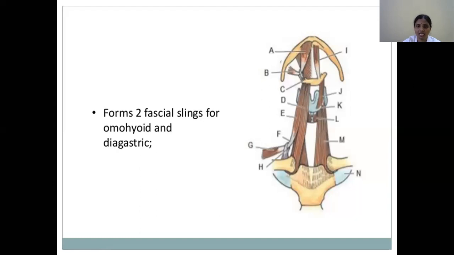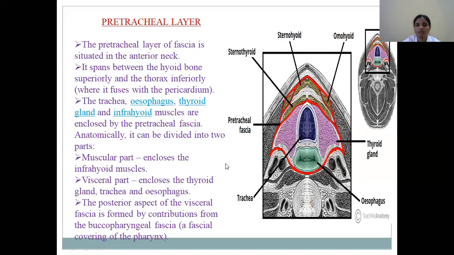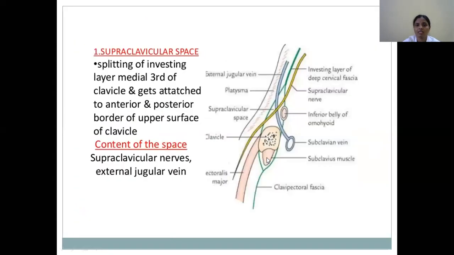Already you have seen the clavipectoral fascia in the thorax. Here you can see, this is the layer which extends down. This is the clavicle. Behind the clavicle, it extends further down, enclosing the subclavius muscle. From the subclavius muscle, it forms the clavipectoral fascia, where it is enclosing the pectoralis minor, as you know.